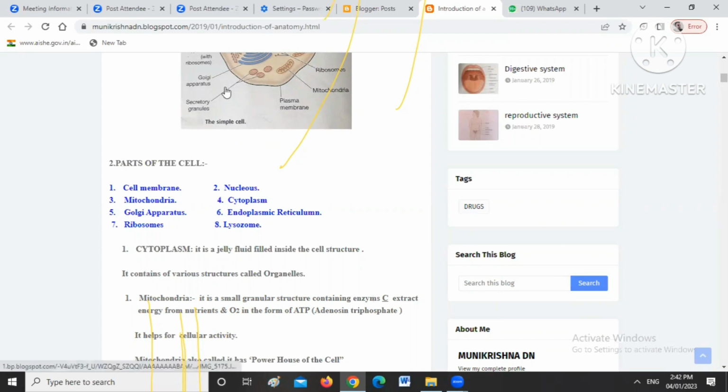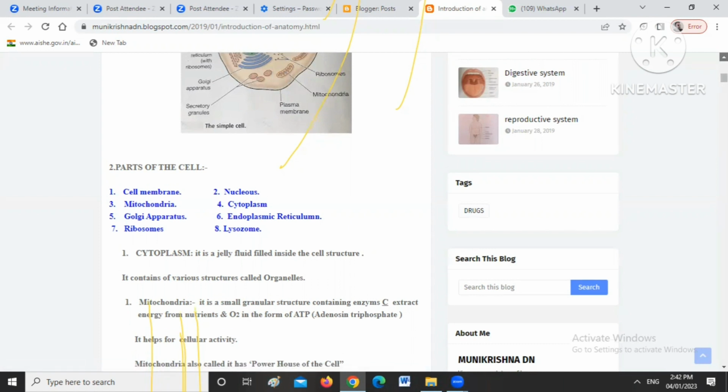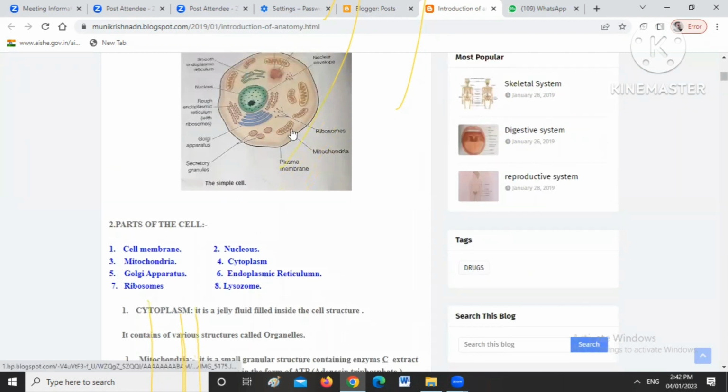How does cytoplasm help? It helps for cellular activities. It helps in the movement of organelles from one region to another region. For example, the mitochondria is present here. The same mitochondria has to move from one place to another place. At that time, cytoplasm is going to help.